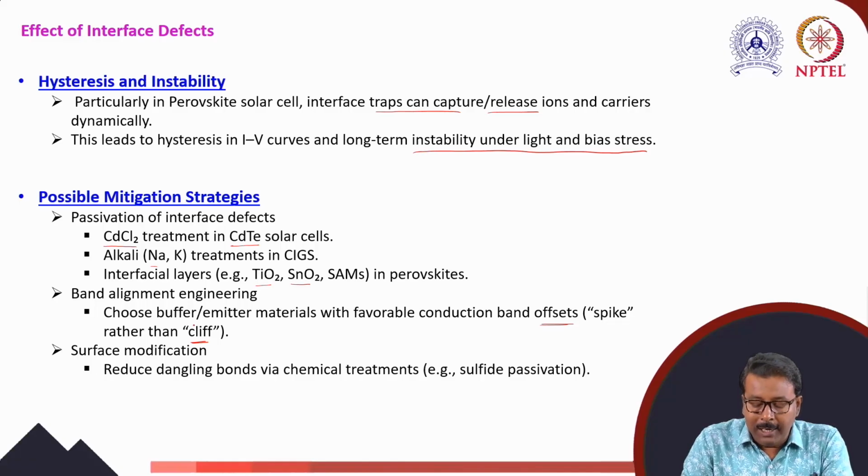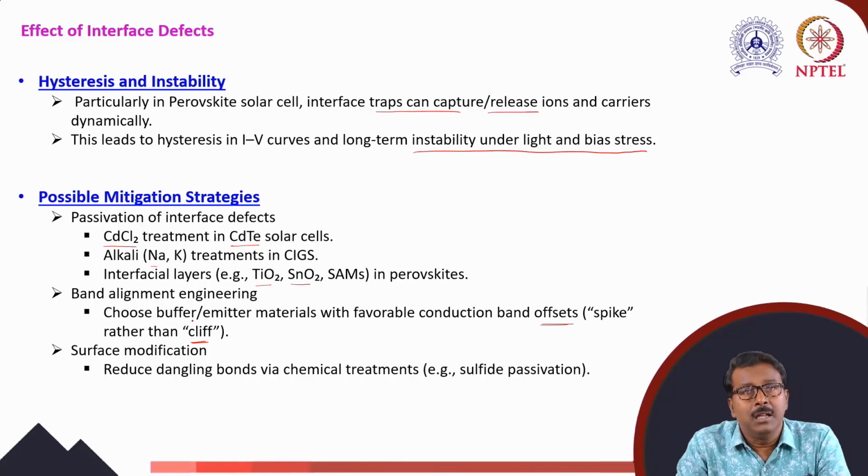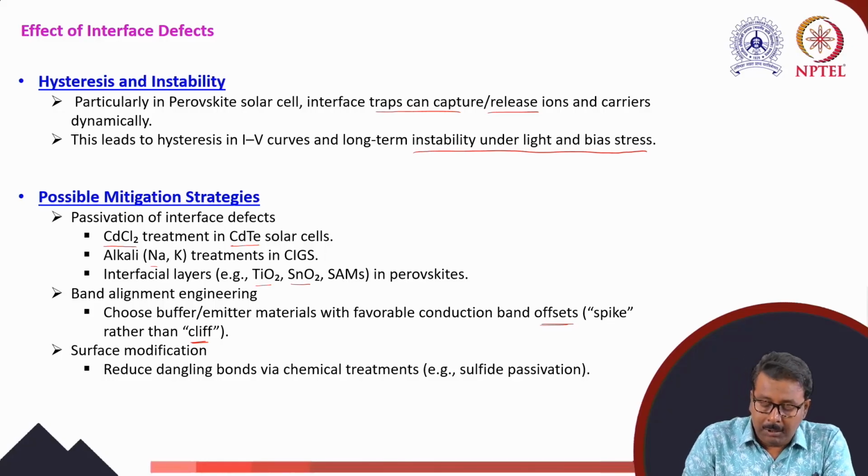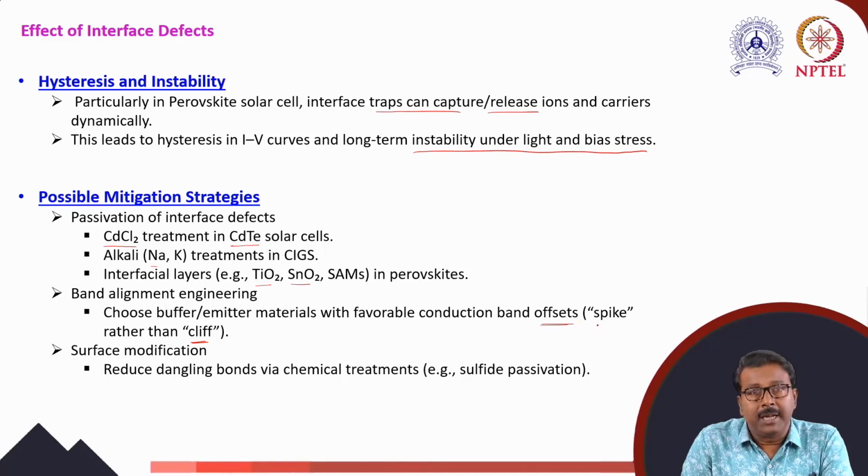And you know the band diagram at the interface depends on the material work function, electron affinity, etc. That can be engineered so that the cliff type offset is converted to the spike type. In that case also you can reduce the effect of interface defects.